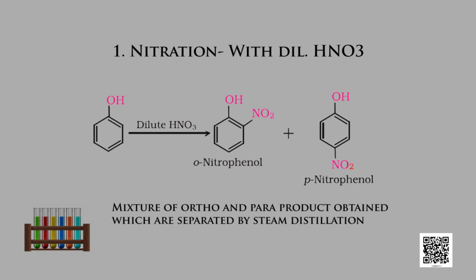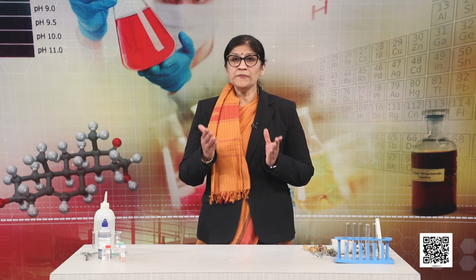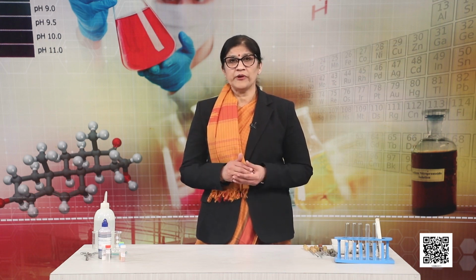So, let us see the first electrophilic substitution on phenol, and that is nitration. With dilute nitric acid, even at low temperatures, phenols yield a mixture of ortho and para nitrophenols. We get a mixture. The ortho and para isomers can be separated by steam distillation. For this, we use the physical property of boiling points.